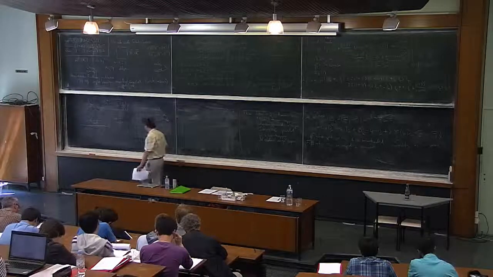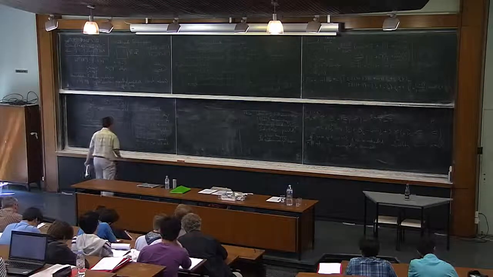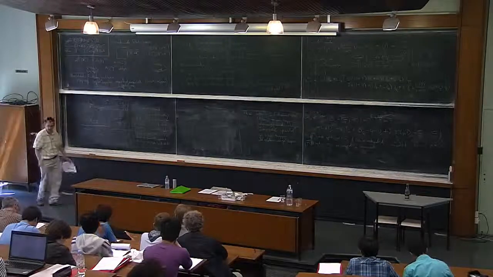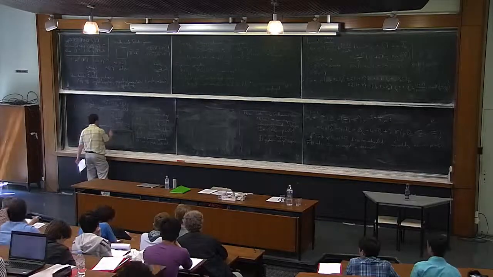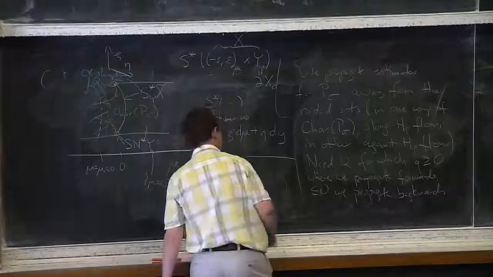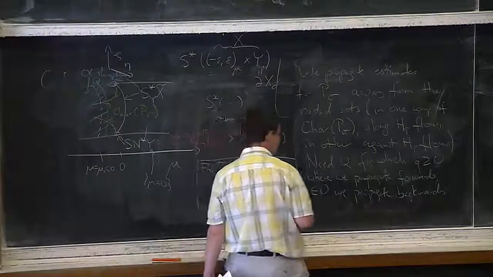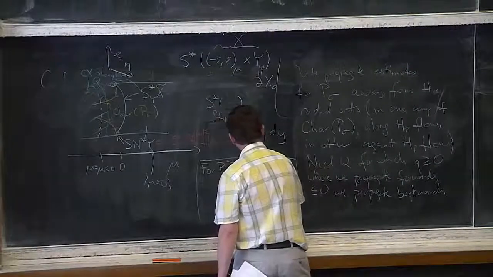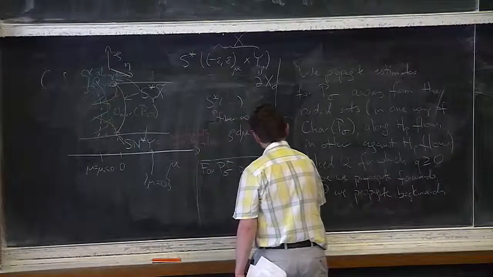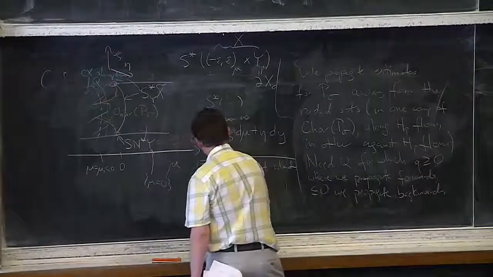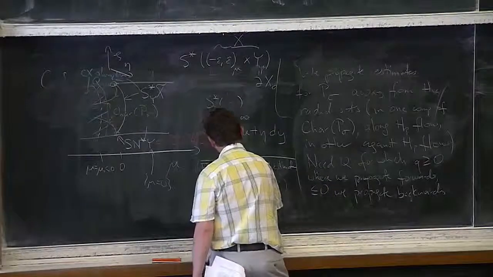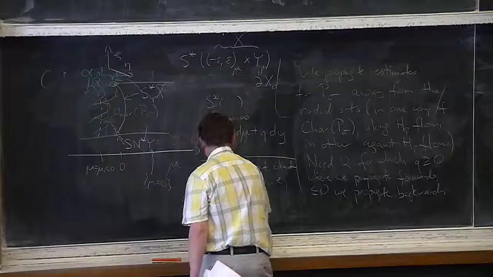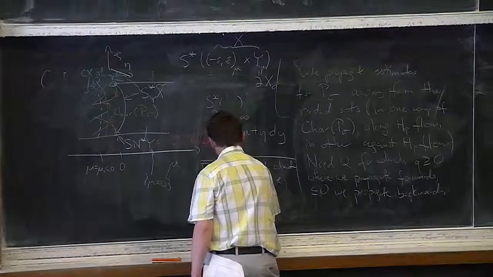Then the net result is that, let me point out, for the adjoint operator P_sigma star, the formal adjoint, we want to propagate the estimate in the opposite direction, i.e. towards the radial sets.